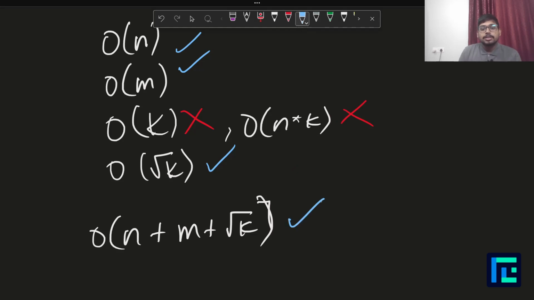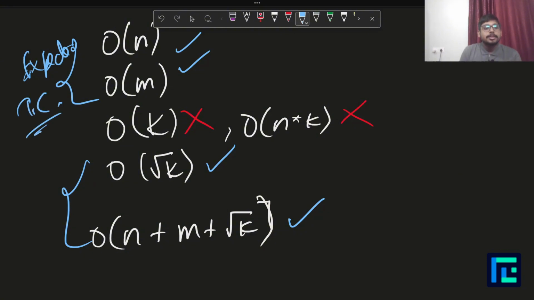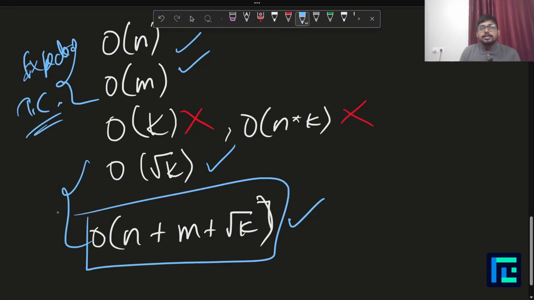So these are our expected time complexities. We need to solve the problem in something which is linear in n, m, and square root of k. We cannot go up to the whole order of k.